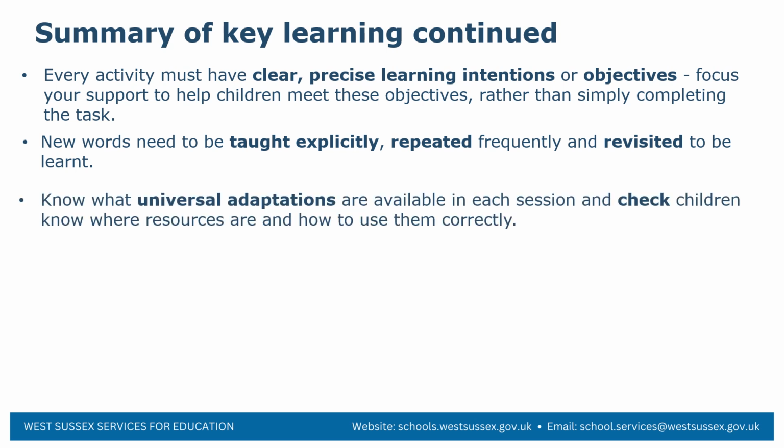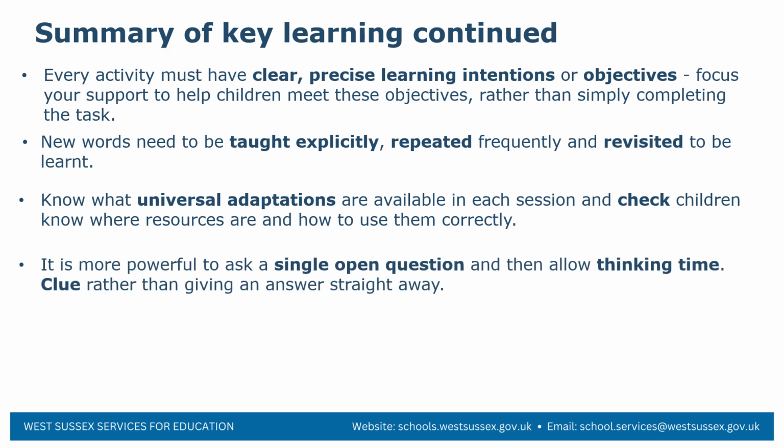Know what universal adaptations are available in each session, and check children know where resources are and how to use them correctly. It is more powerful to ask a single open question and then allow thinking time, rather than giving an answer straight away.